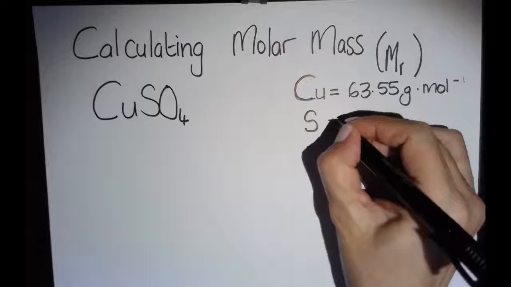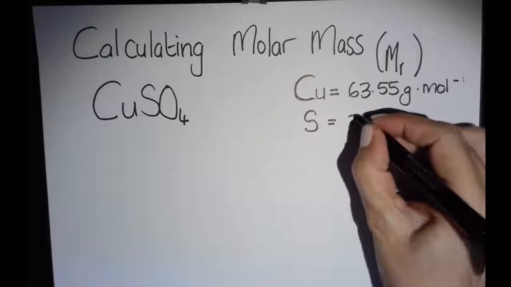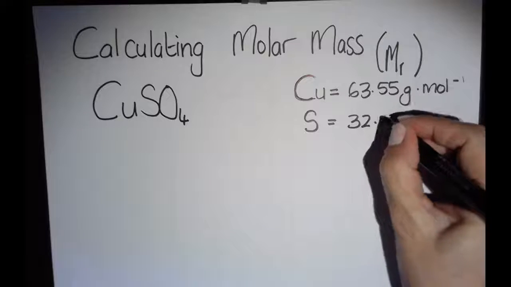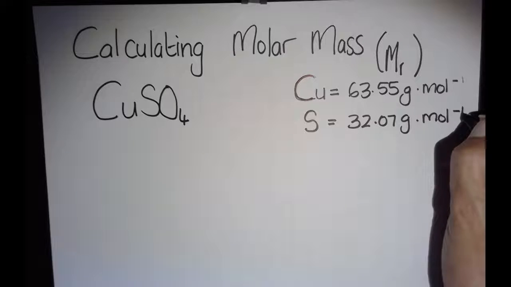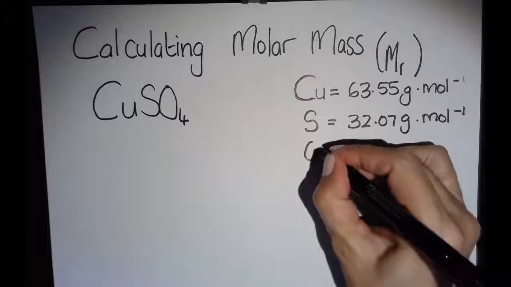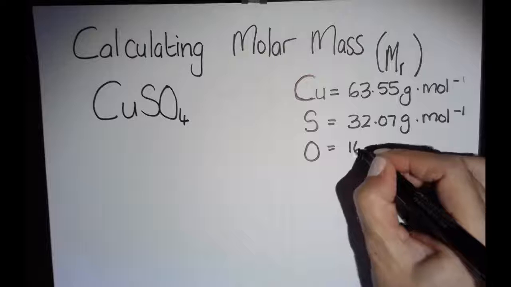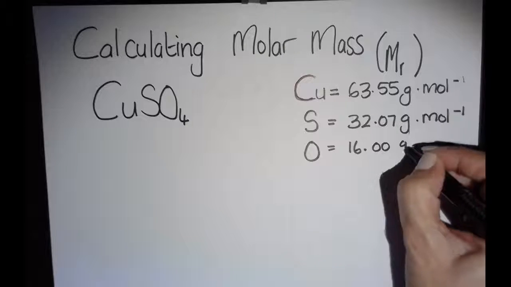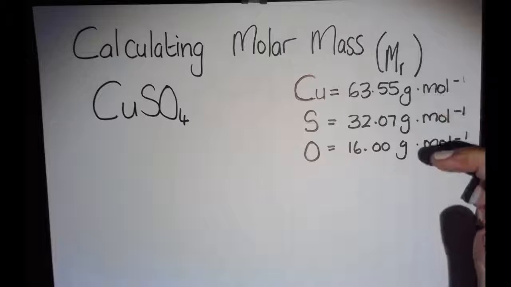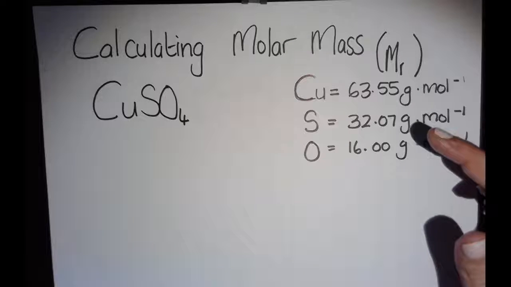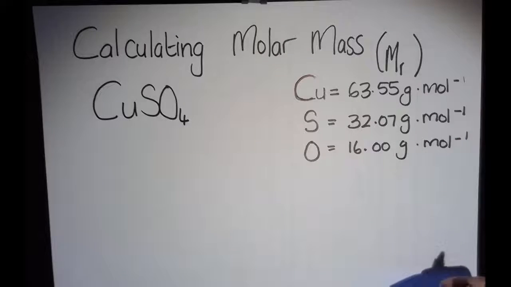For sulfur, we see that the mass is 32.07 grams per mole. And when we look at oxygen, we see that it is 16.00 grams per mole. So these are the masses of 1 mole of each of these substances.